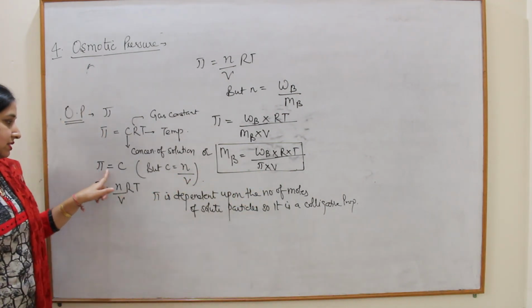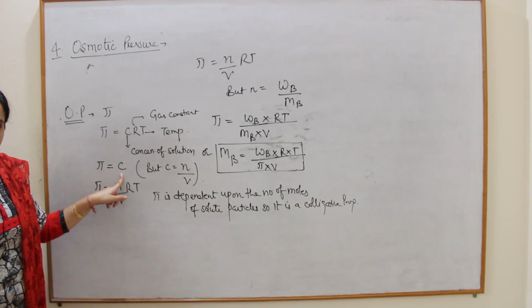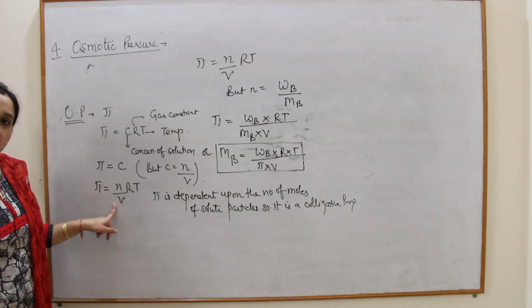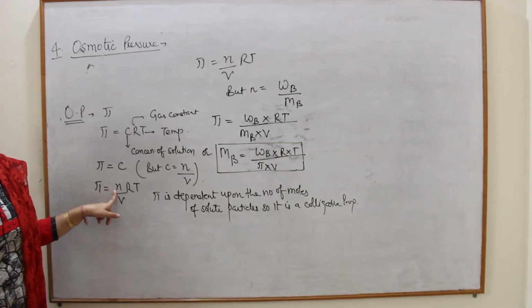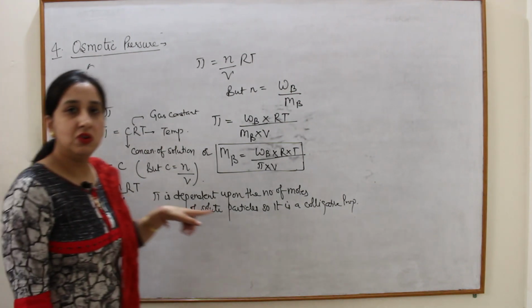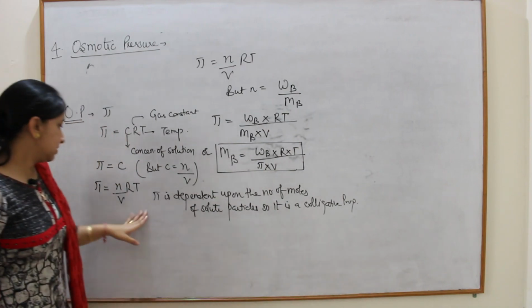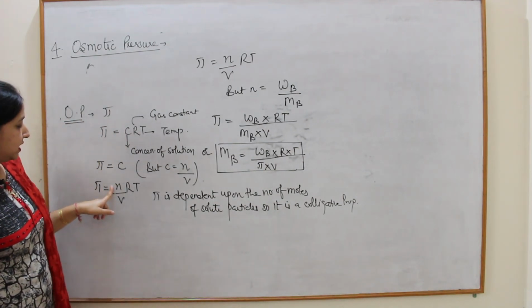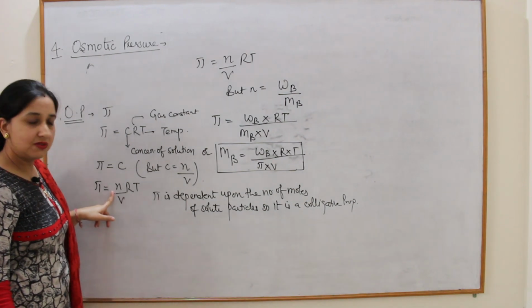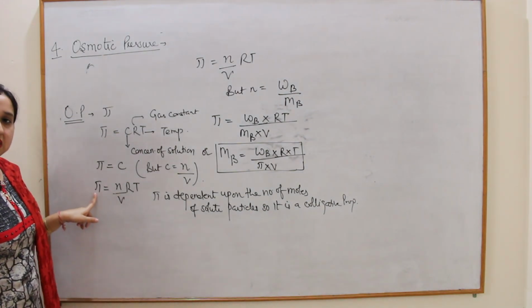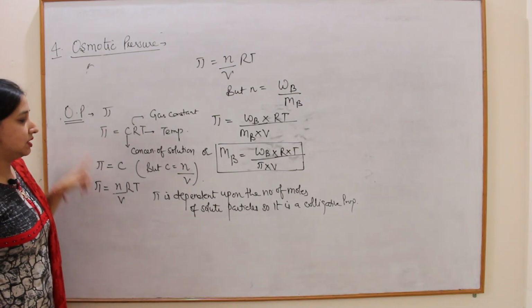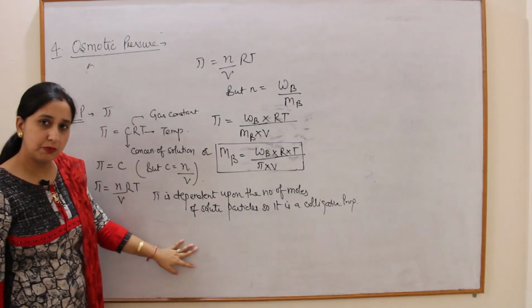So pi is dependent upon the concentration. Concentration means number of moles per liter volume, because it is dependent upon the number of moles. So pi is again dependent upon the number of moles. So if it depends upon the number of moles of the solute, we can easily say that pi, meaning osmotic pressure, is a colligative property.